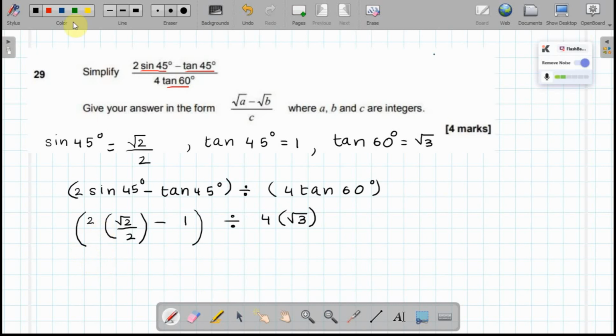Now when I go to simplify this, these two 2's go into each other once, so that'll leave me with root 2 minus 1 as my numerator, divided by 4 root 3. Now I'm going to write this as a fraction.